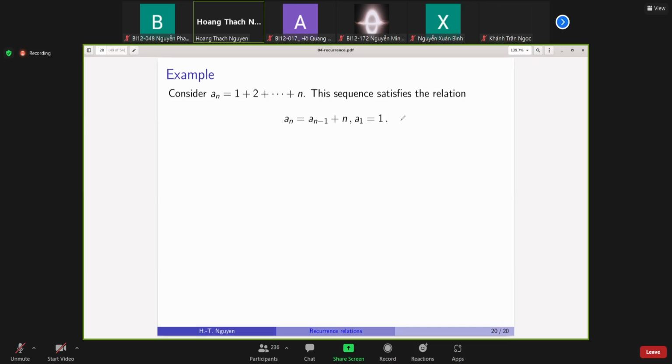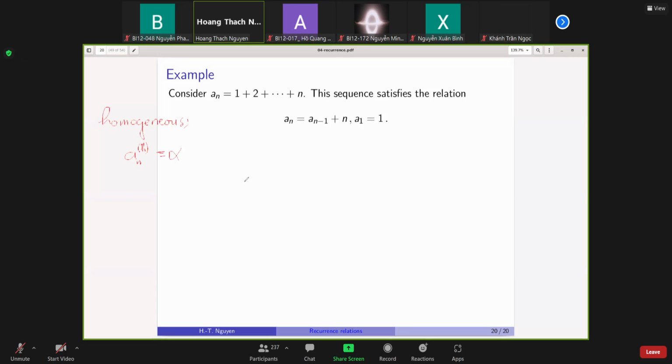So first we solve the associated homogeneous relation. For the homogeneous solution, you have a_n^h. This is simple. It's a constant, right?